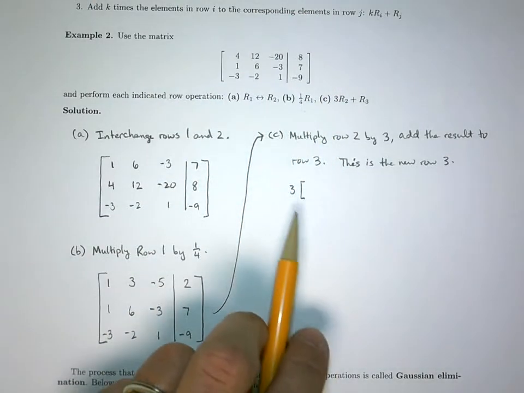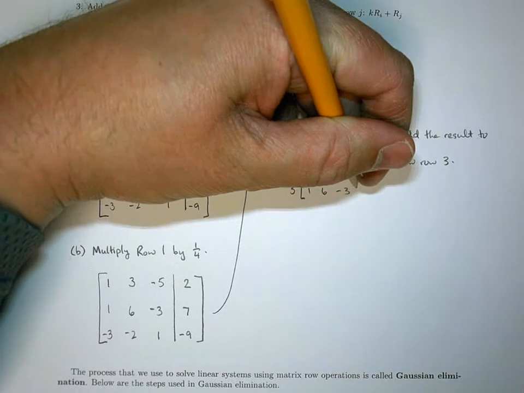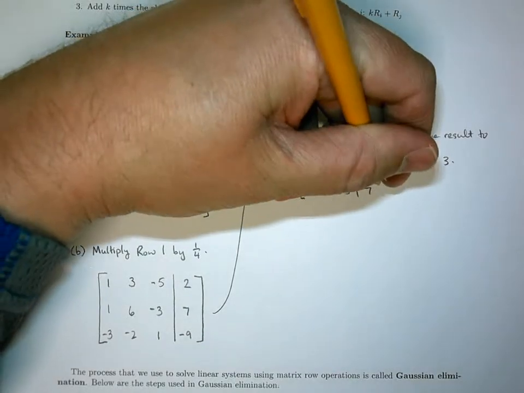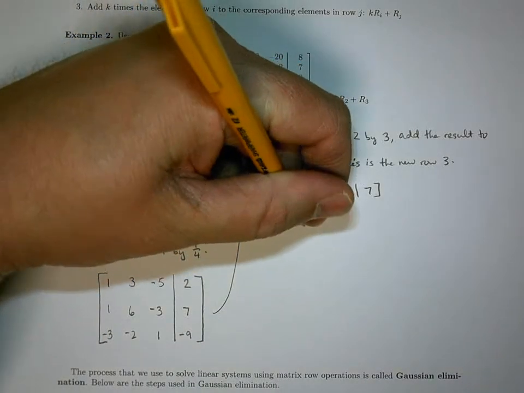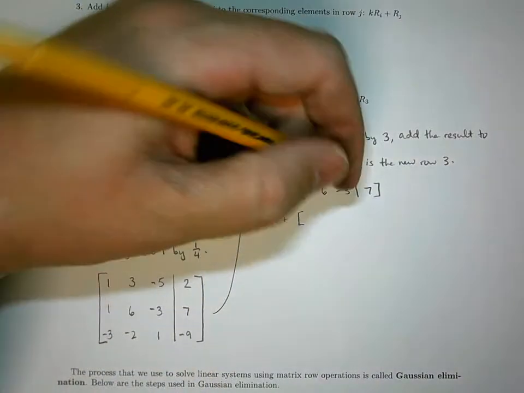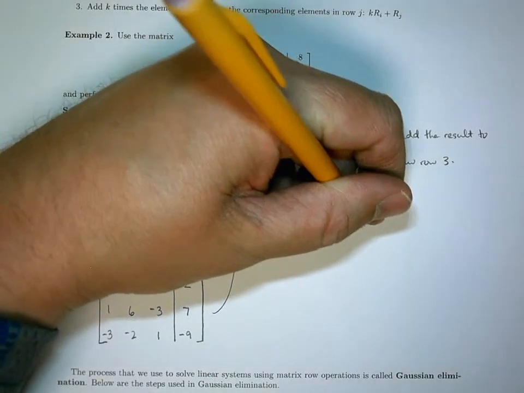So I'm going to write 3 in front of row 2: 1, 6, negative 3, 7. So there's 3 times row 2 plus row 3: negative 3, negative 2, 1, negative 9.